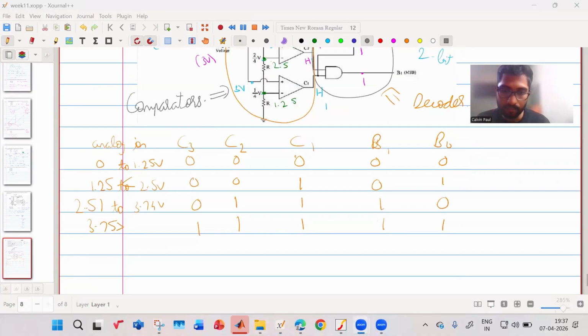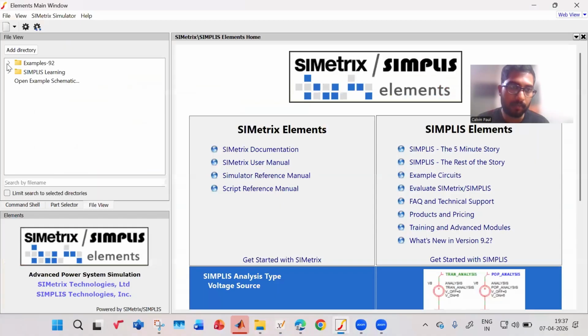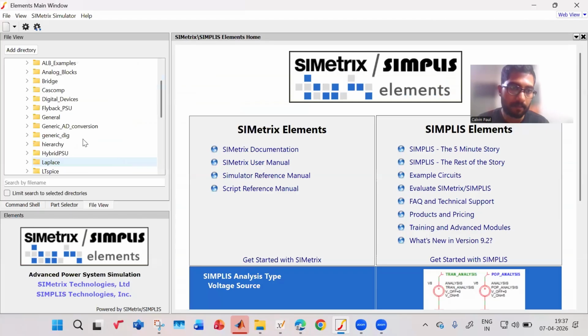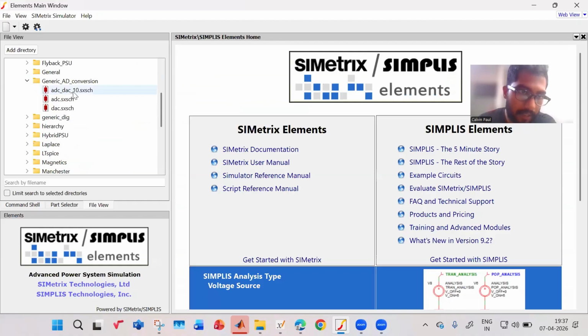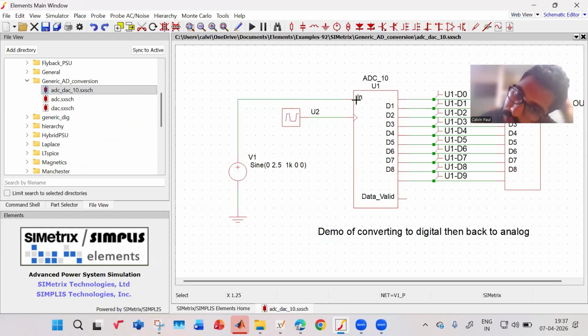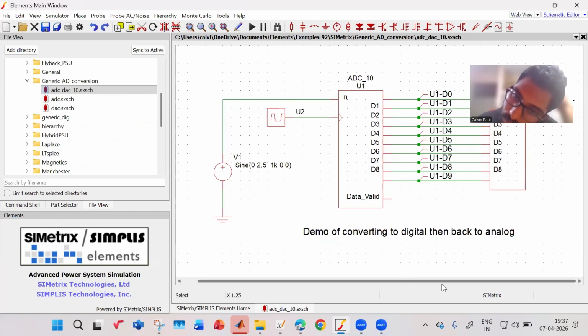I've been using Simetrix. Let us see, ADC DAC 10. This is an already ready-made example.